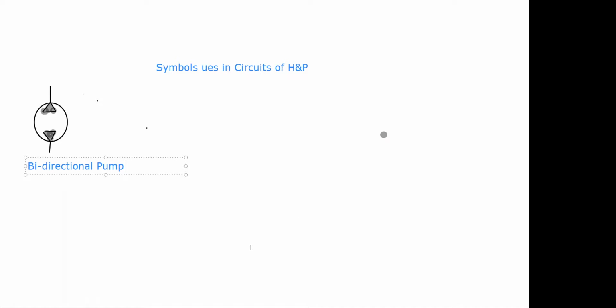Okay. Now we are going to see another symbol, which is the air compressor. So to draw the symbol of the air compressor, the air compressor symbol is quite similar to the pump. See the symbol here.